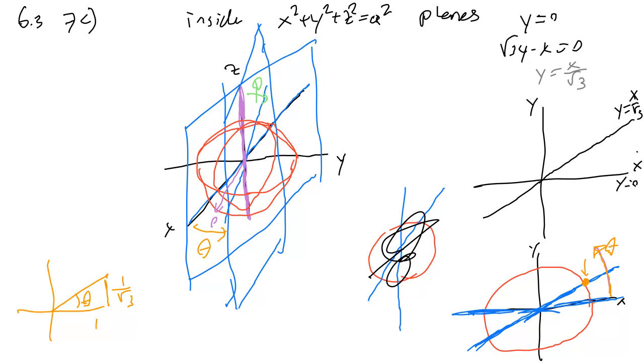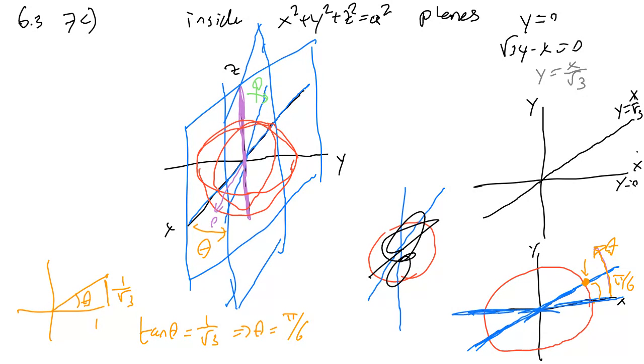I can use the tangent, that's the easiest. The tangent of theta is going to be 1 over root 3, which implies that theta is pi over 6. Do you agree that this angle theta over here is pi over 6?